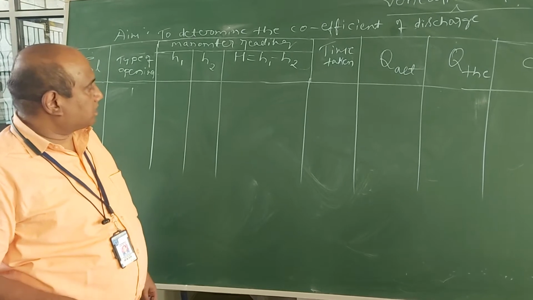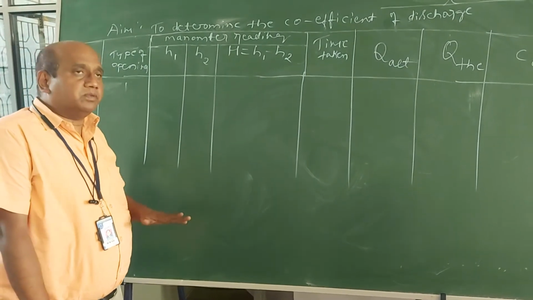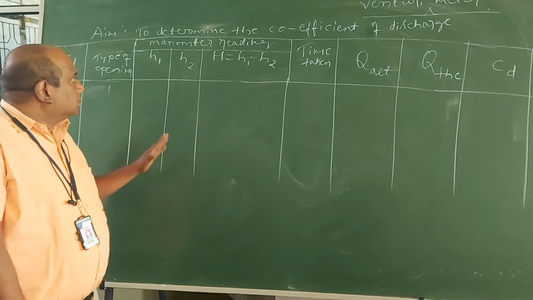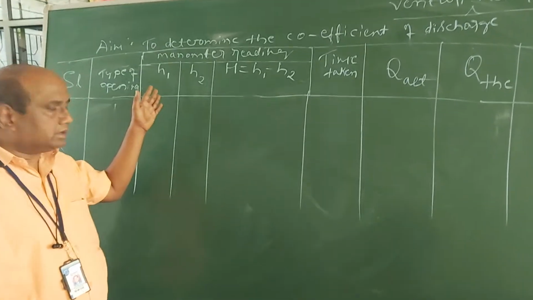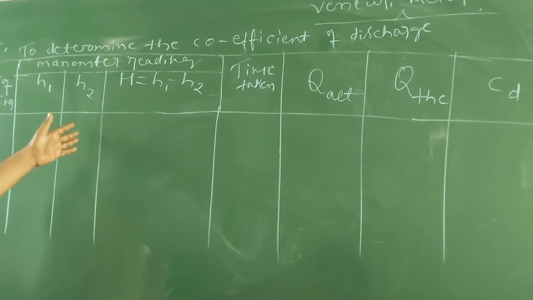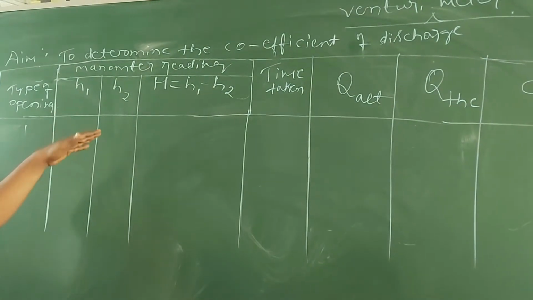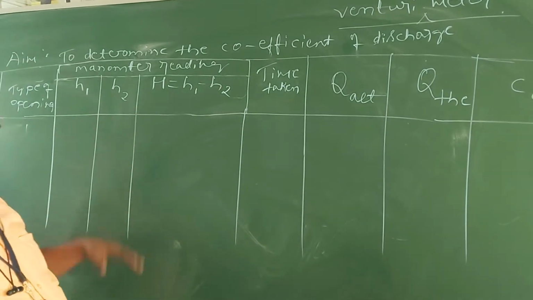While conducting the experiment, what all are we going to register at the time of the experiment? First, in the manometer, we are going to note down the rise in water level. It is H1 on one side, and on the other side it is H2.